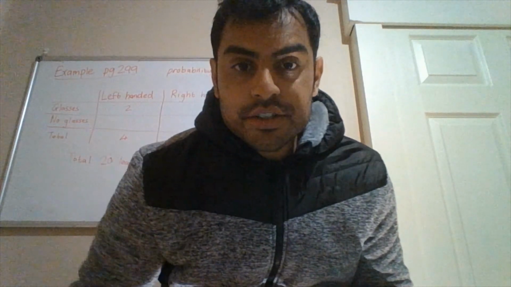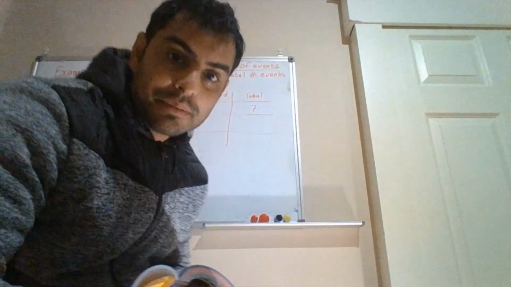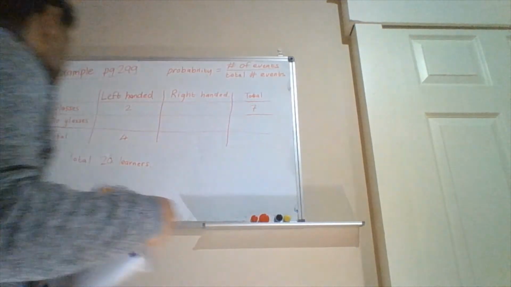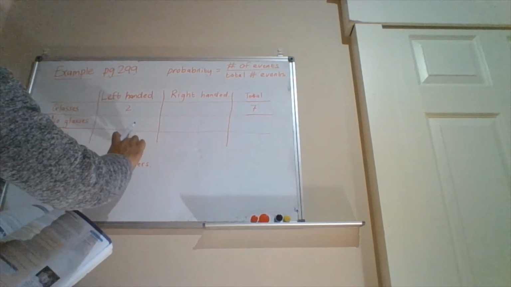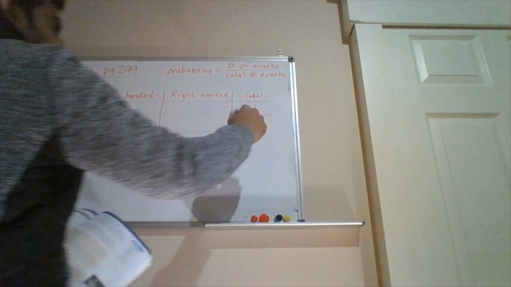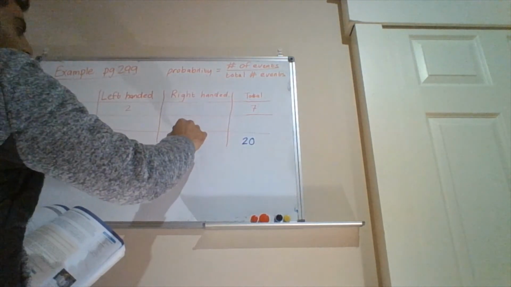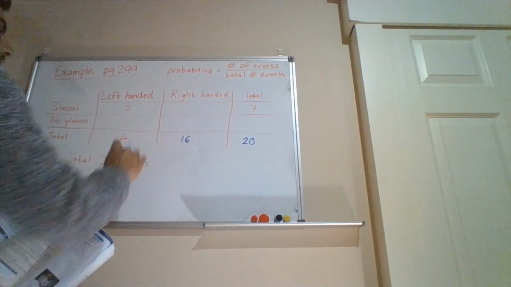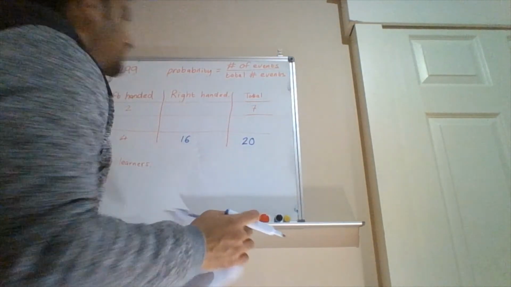With this information, we can now fill in the remaining values. It's a little bit like Sudoku. So if we have a total of 4 left-handed students, then the number of right-handed students must be 16, because 4 plus 16 gives us a total of 20 learners.